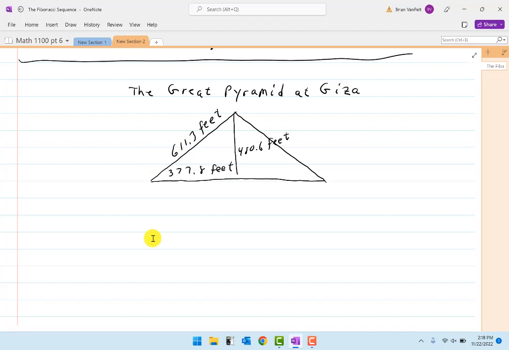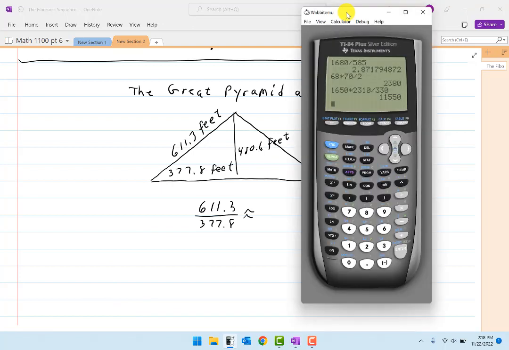Now, check this out. If I take 611.3 and divide it by 377.8, I'll get an approximate number, but let's bring out the calculator and see what it says. 611.3 divided by 377.8.